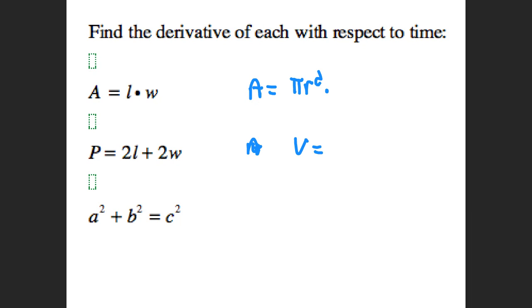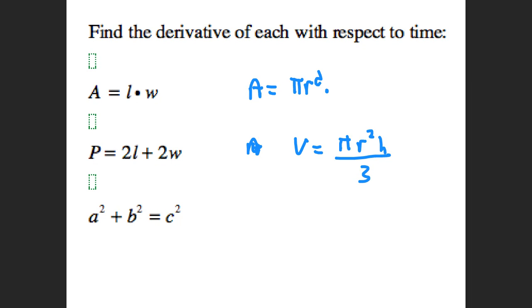Volume is equal to pi r squared times height divided by 3. That's the volume of a cone, right? Area of the base times height divided by 3. You could use that for a pyramid or cone. Same formula.